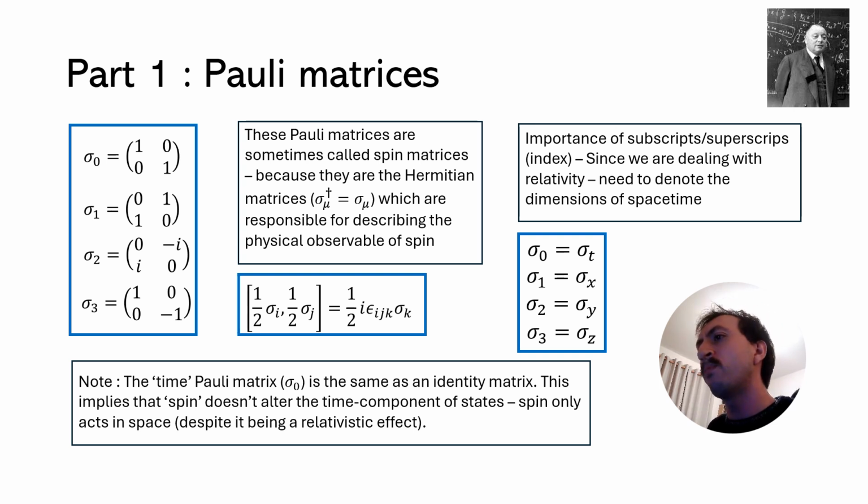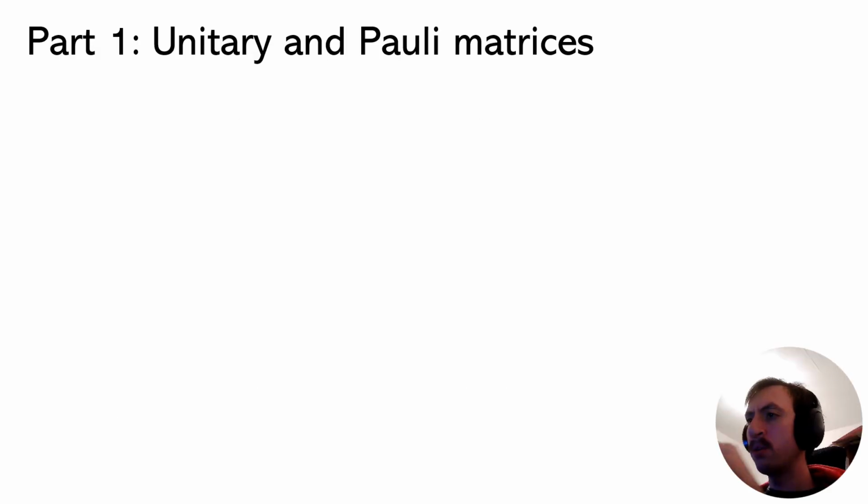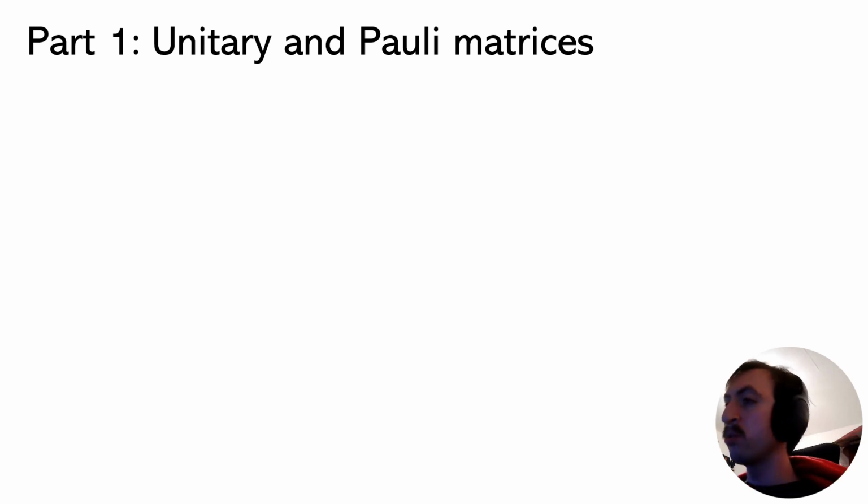But now we're going to have a little look at spinors and how spinors relate to these Pauli matrices. To understand spinors, we have to understand how spinors transform. Now, spinors, as a first introduction, are eigenvectors, or in the context of quantum mechanics, eigenstates of our Pauli Hermitian matrices.